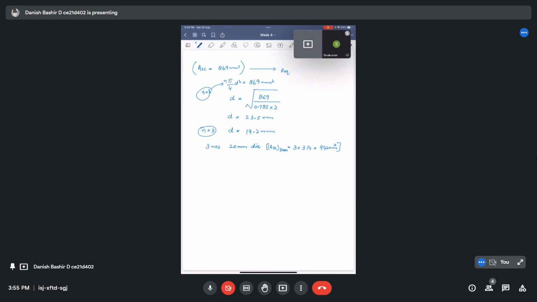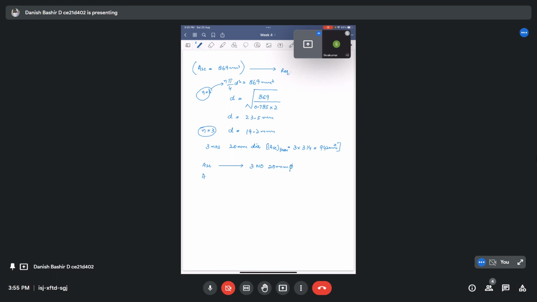Okay, so we got all the values. Now let's tabulate the values we got. We said that we have to provide ASC as 3 numbers of 20 mm dia.